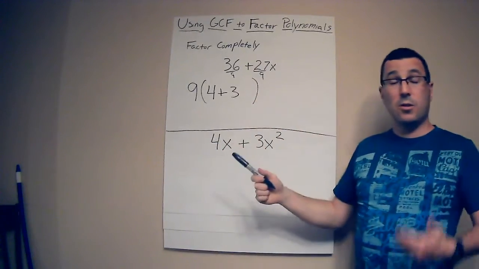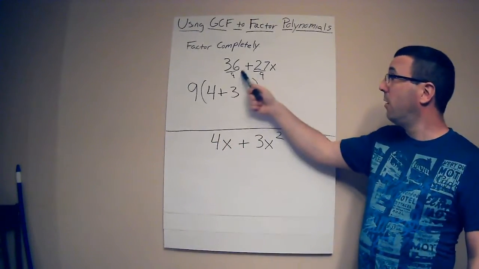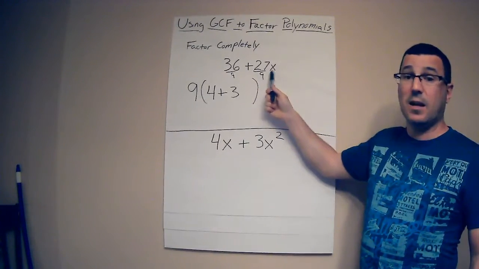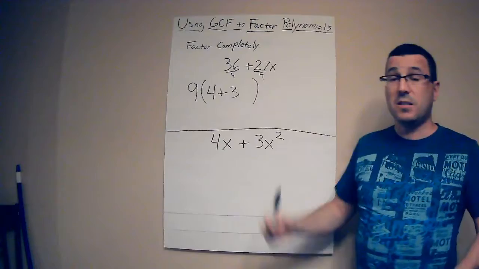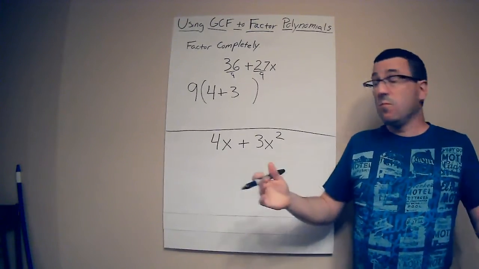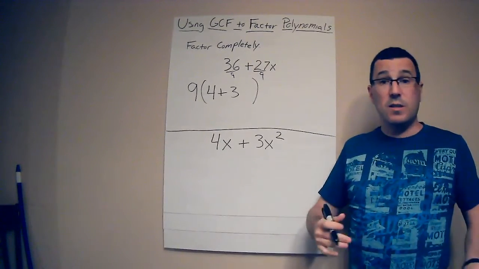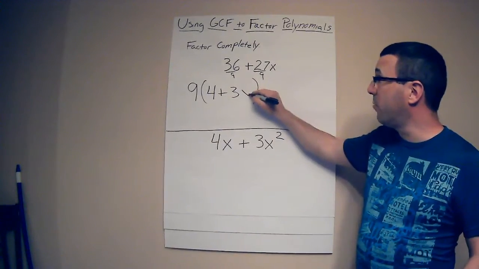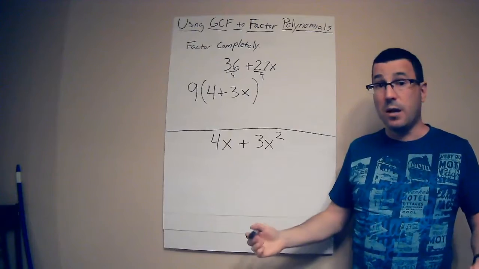So then we next look at the variables. Well, 36 doesn't have a variable on it, but 27x does. Since the 36 doesn't have a variable on it, it and the 27x are not going to have any variables in common. So I'm just going to bring the x down, and I'm done.